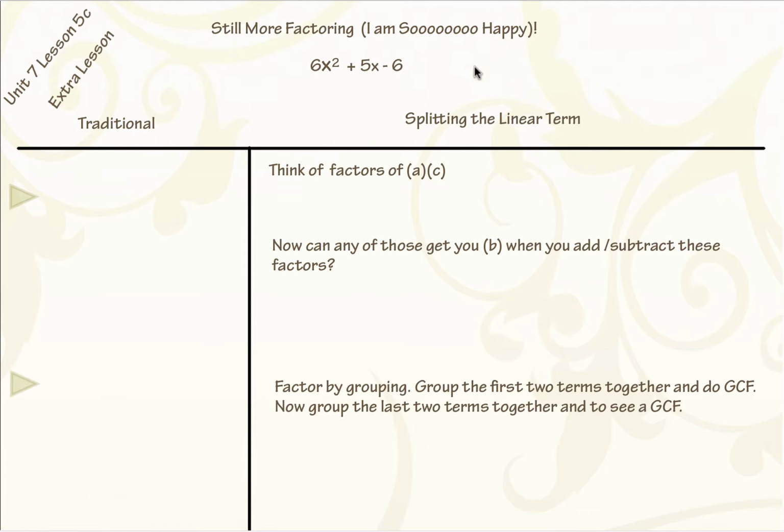Now, the traditional way poses a little problem because that leading term of 6x squared can be obtained two different ways. 3x times 2x or 6x times x.